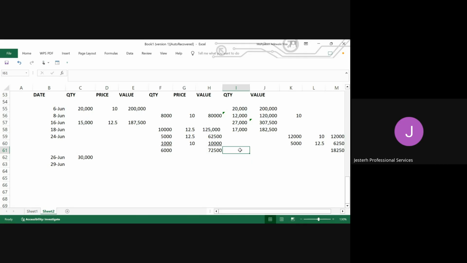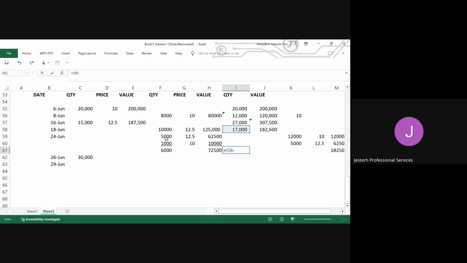What do we have left in the store after we have issued out the 6,000? What we have remaining in the store will be from the total of the 17,000, of which we were able to issue out 5,000 of the one we purchased on the 16th, and then another 1,000 from the old stock.